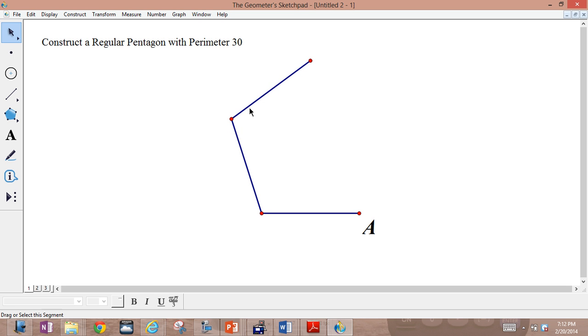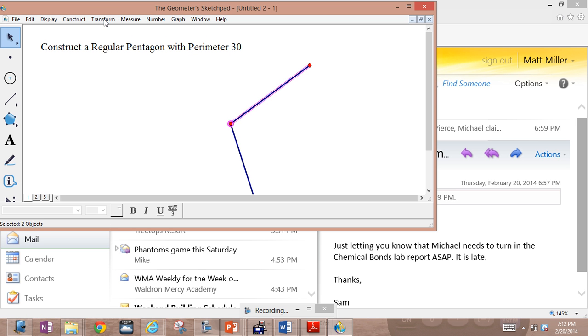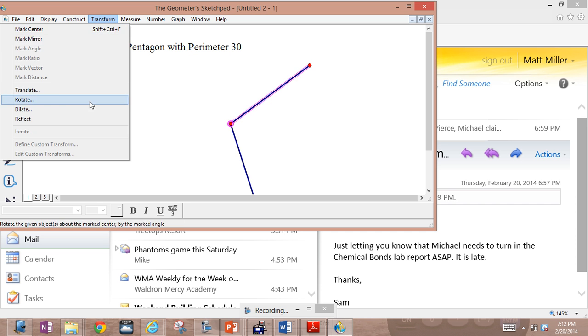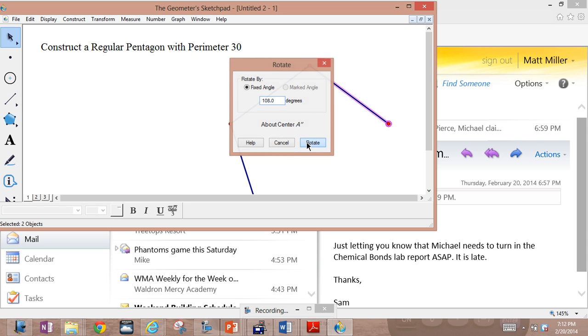Select that point. Transform. Rotate 108 degrees.